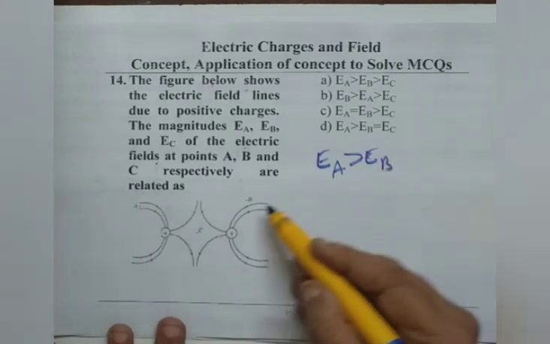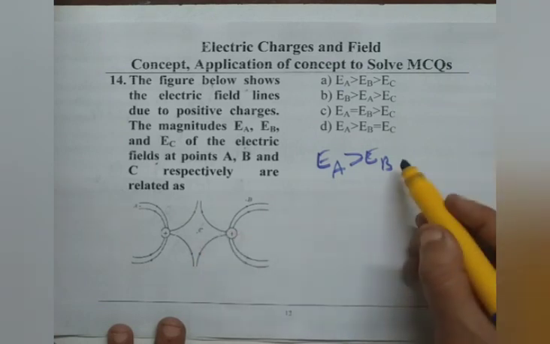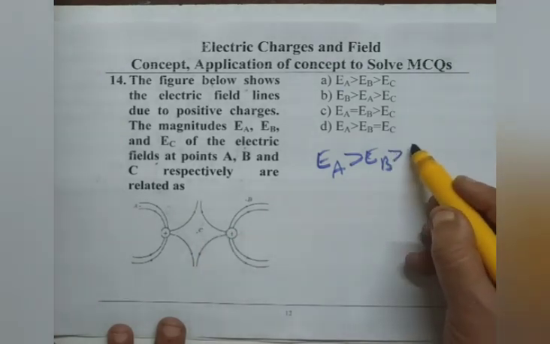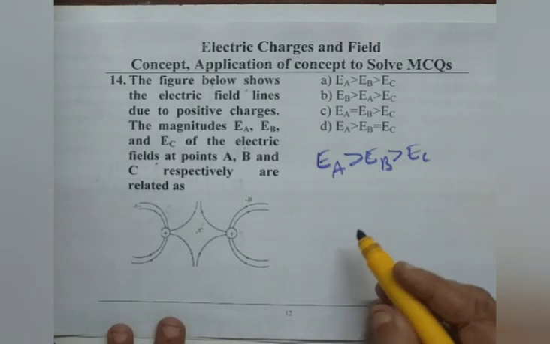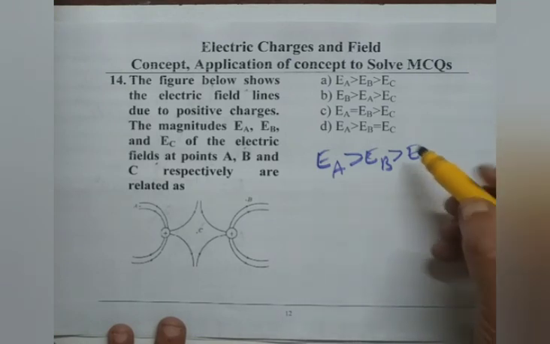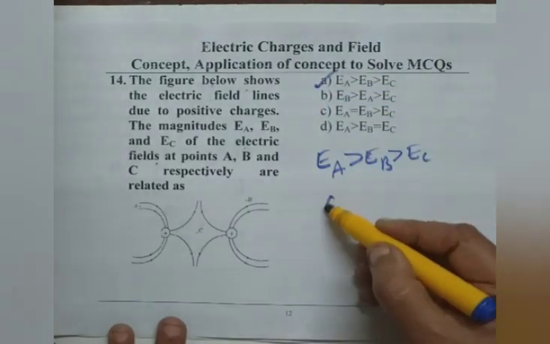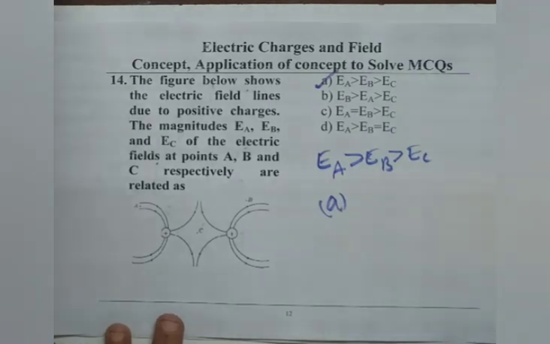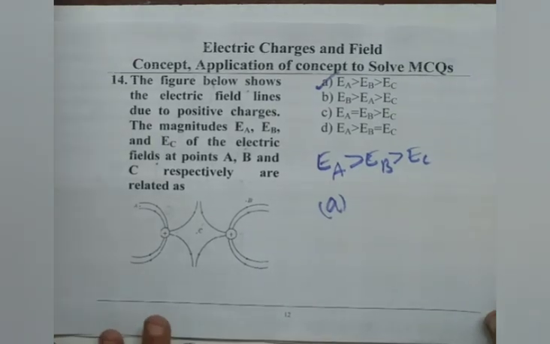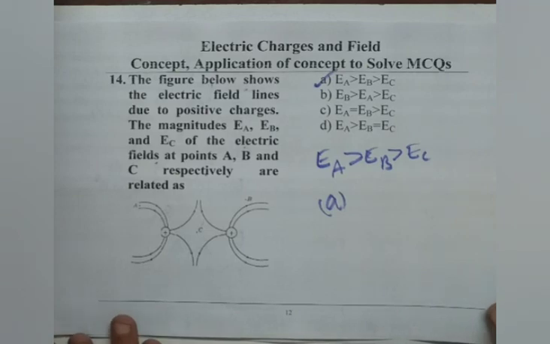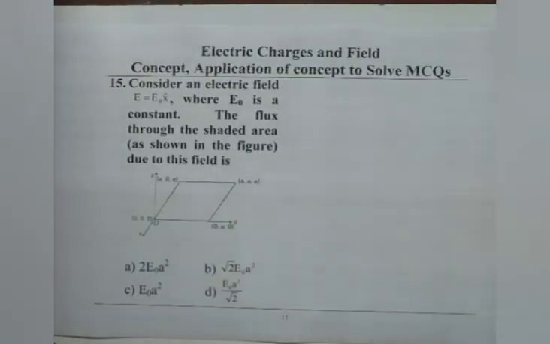And compared to B, at C, field lines are still less. Therefore, EA greater than EB greater than EC. So, option A is right. Observe how we analyze this situation. We solved this type of numericals, different numericals in previous sessions also. We proceed on to next question.